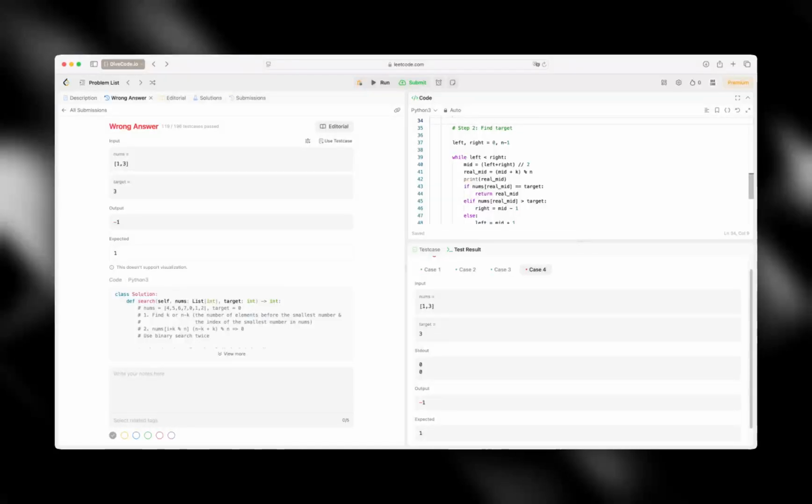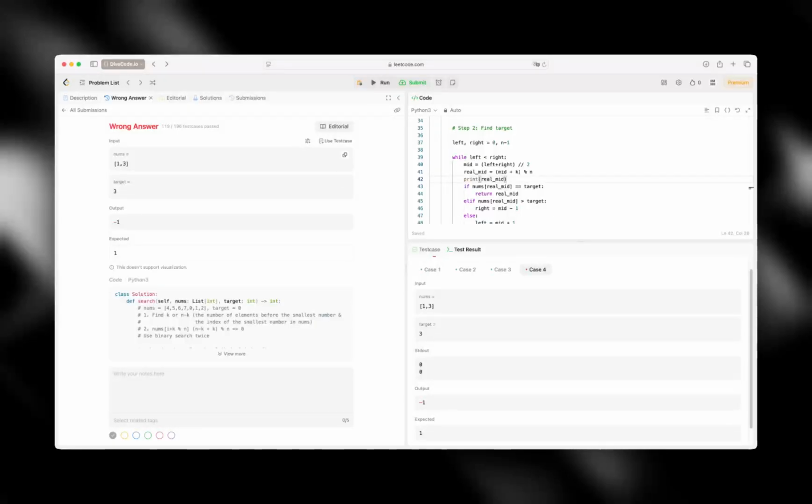Here, I have real mid that is printing out 0 because 2 divided, oh yeah, it's 0 plus 1, sorry. 0 plus 1 is 1, so divided by 2 is 0. That's it. So we get the 0, right? And then what happens?